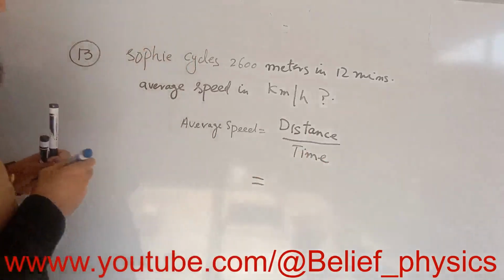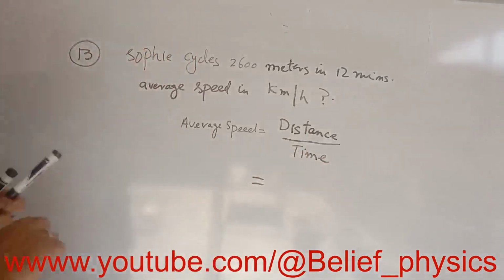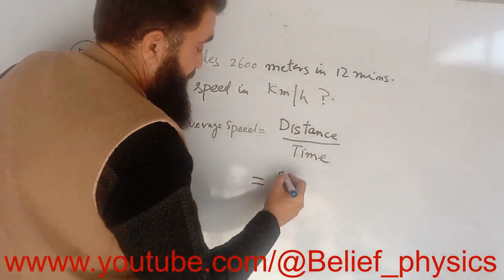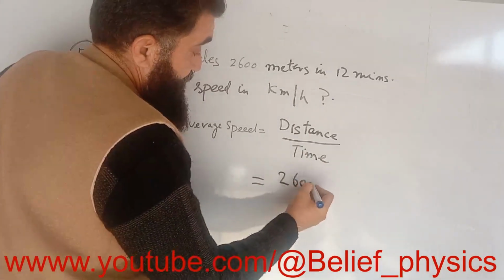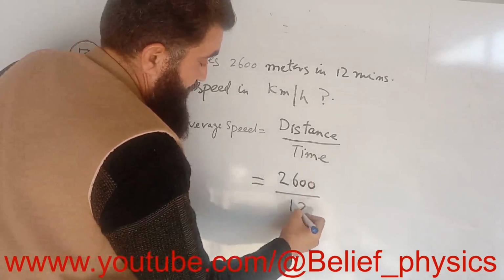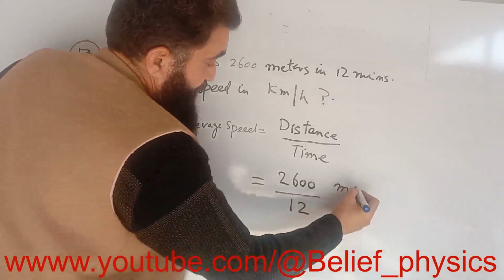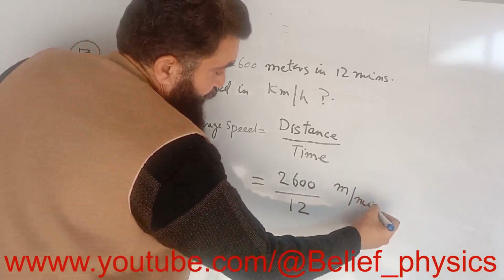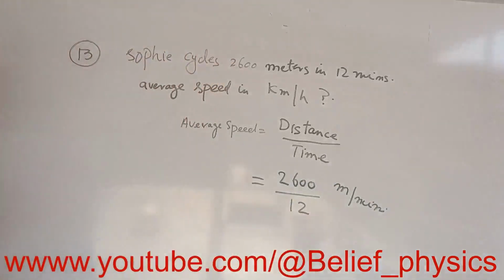So here we have 2600 meters divided by 12 minutes, but this will give meters per minute. We have to convert it into kilometer per hour.